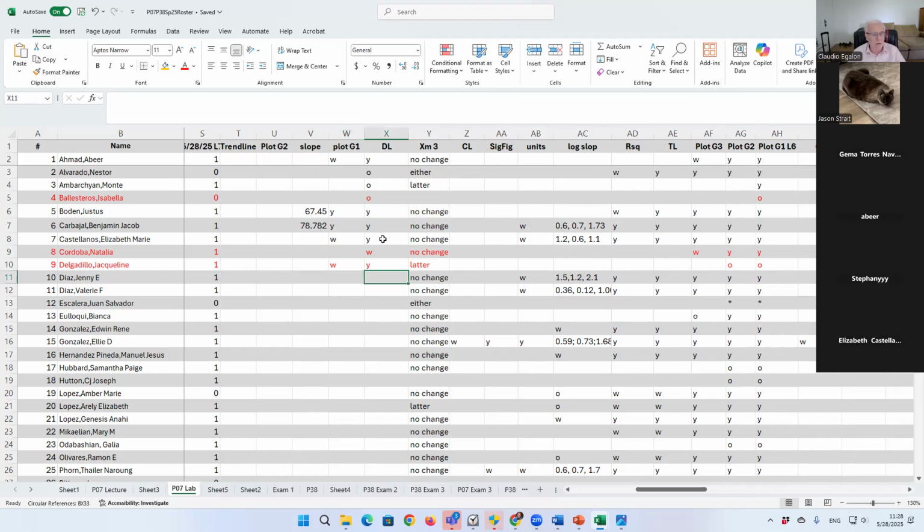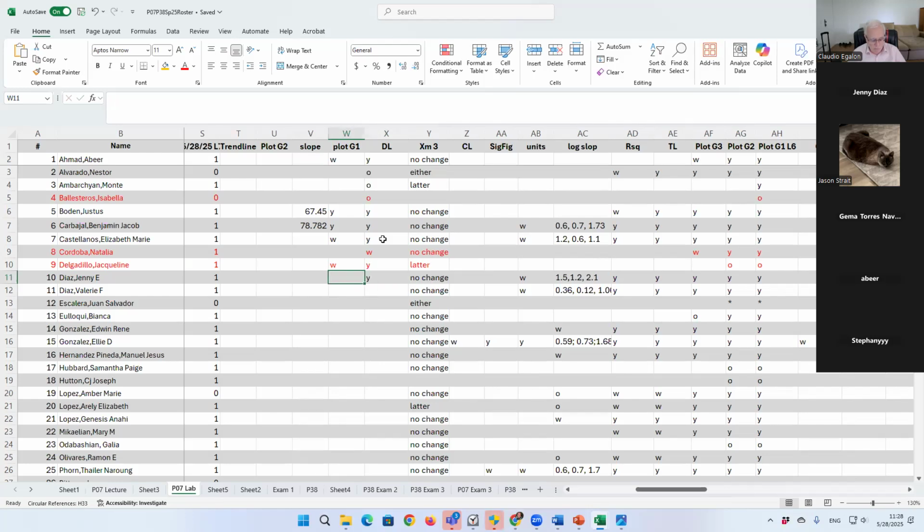Next student, Jenny Diaz, did you download your spreadsheet? Yes. Did you plot your first graph? Yes. What's the slope that you got? 92.403.